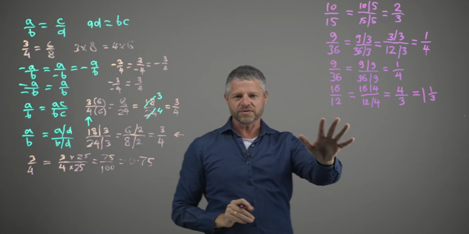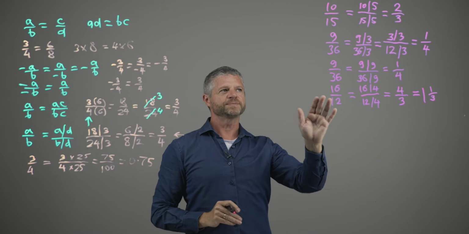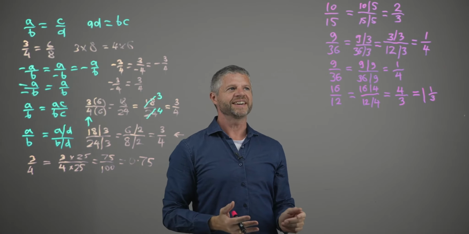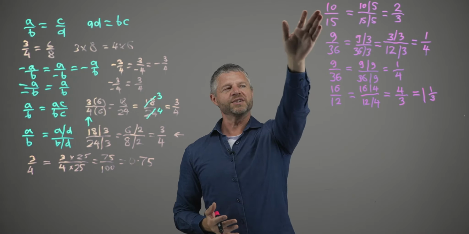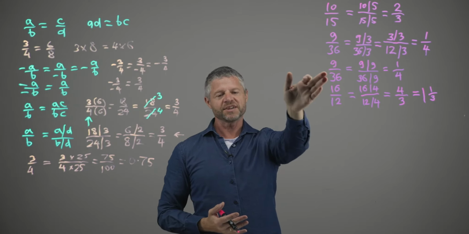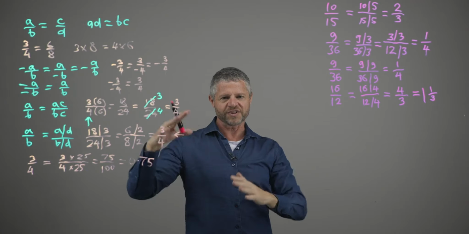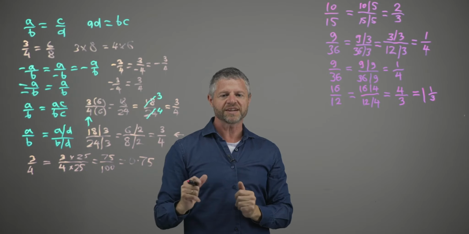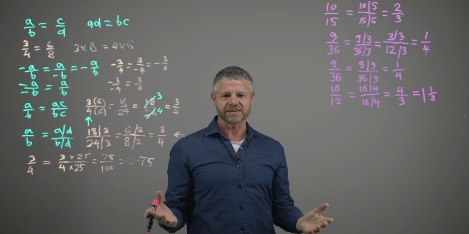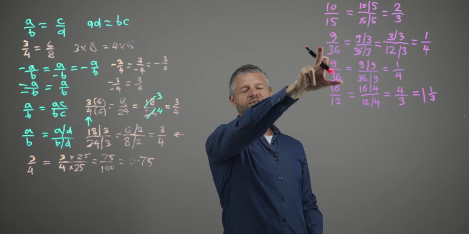So you can see as we go through these examples that knowing your times tables helps a lot here, and knowing when you've got common factors, and you can save yourself a bit of time if you try and find the greatest common factor for the numerator and the denominator. But if you can't think of that greatest common factor, it doesn't matter, you'll get there in the end.